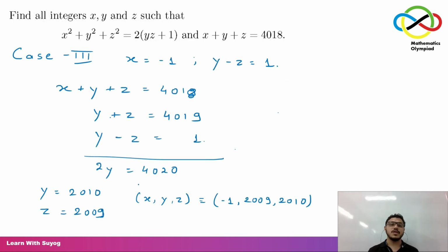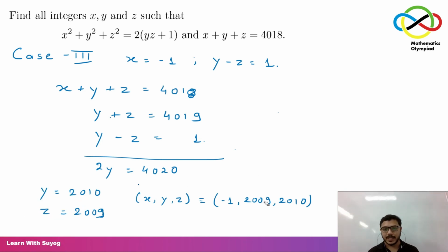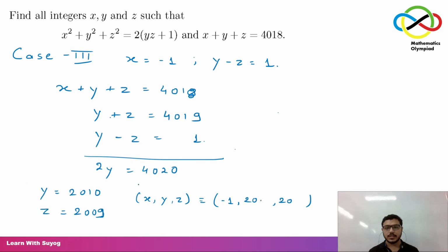The third solution, when we put x to be equal to minus 1 and y minus z to be equal to 1, we got the solution x comma y comma z to be equal to minus 1 comma 2010 comma 2009. So here by mistake I have written 2009 and 2010, so let me correct it. So here we will get the solution as 2010 and 2009.